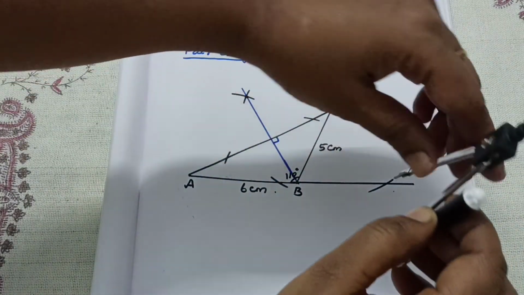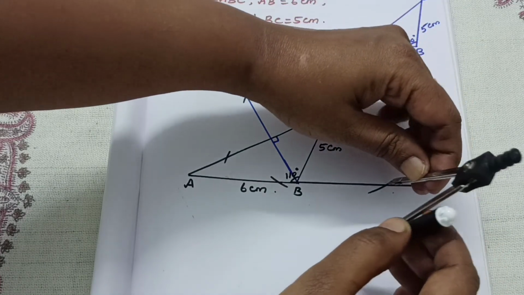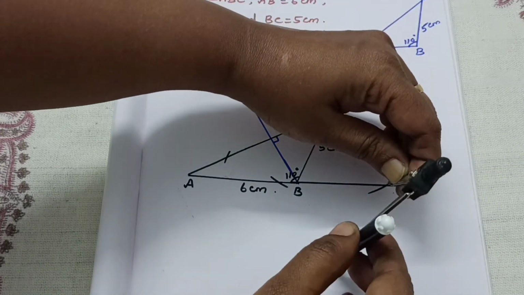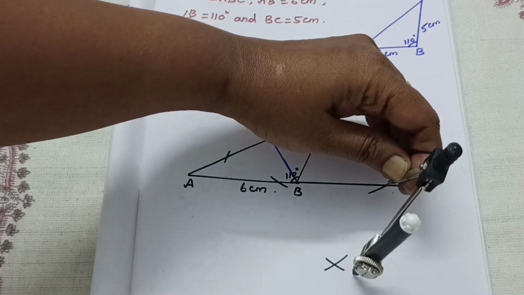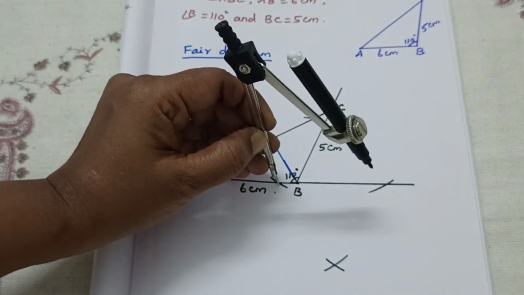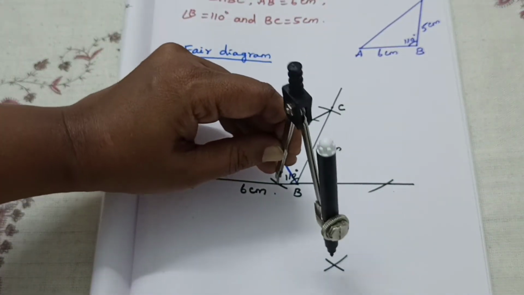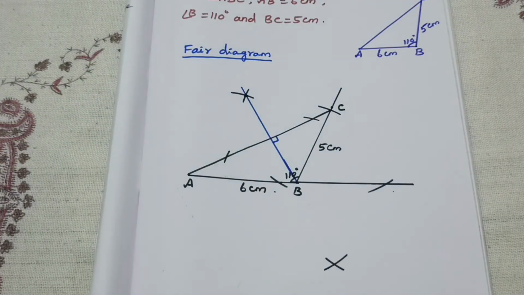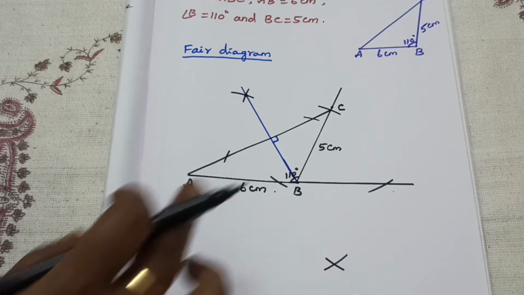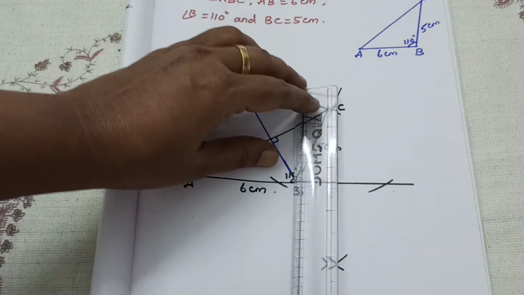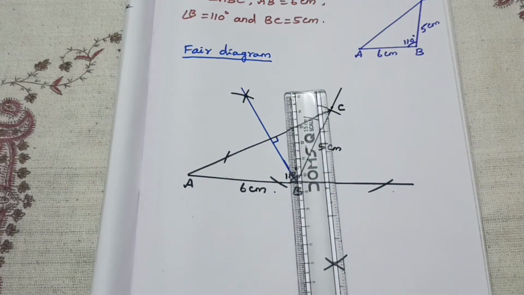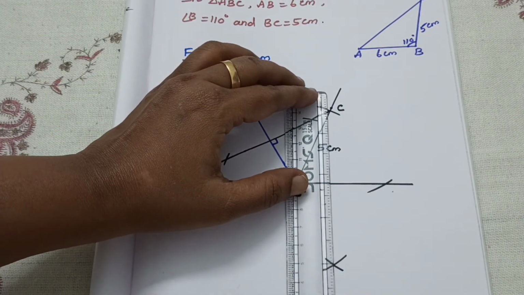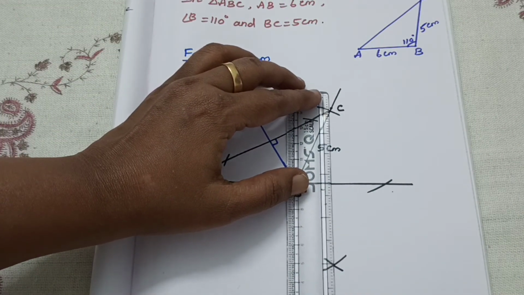Then keep it here also and draw the arc. Any doubt? From here downward we have to draw the arc. Then from vertex C only we drew these arcs, isn't it? So we have to join this point and vertex C.